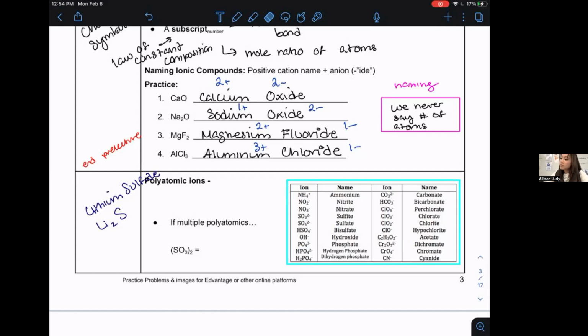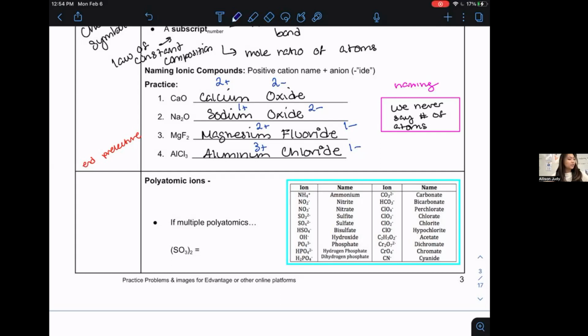Okay, so good. All right, let's get out your notes. Let's continue on our journey of new material. So I've introduced single element ions. I'm going to introduce a new one that's actually a molecule in itself that acts like an ion. These are called polyatomic ions.